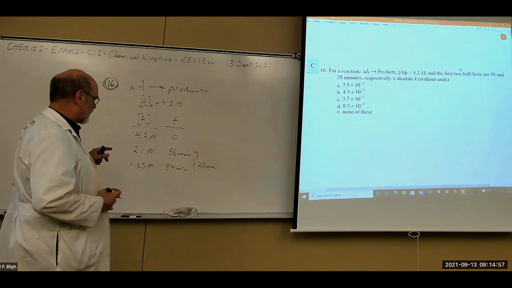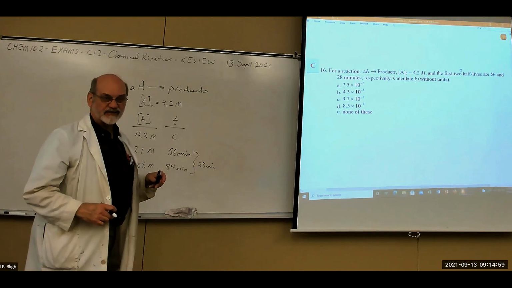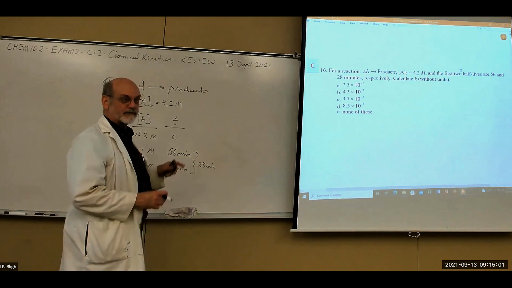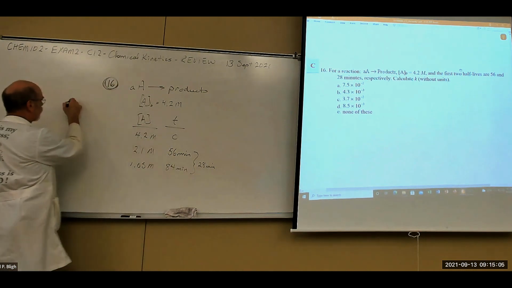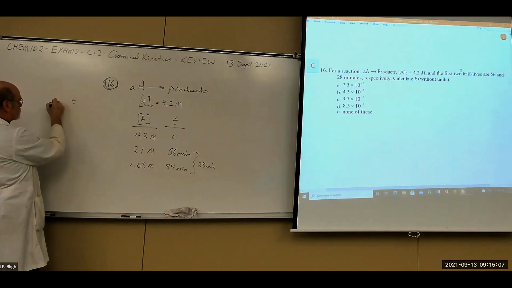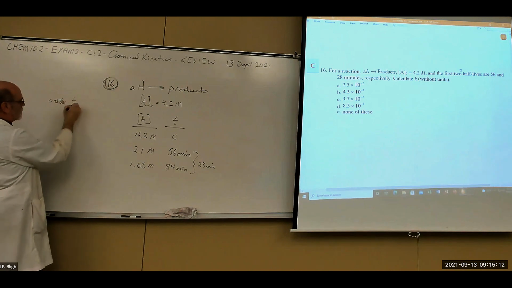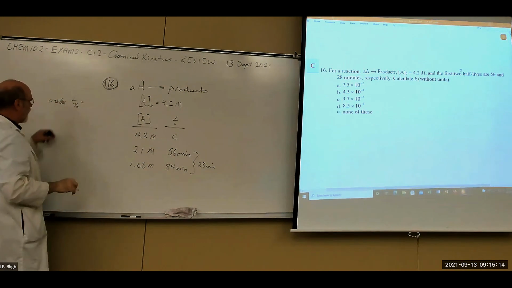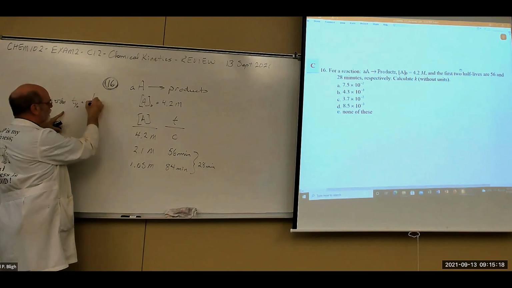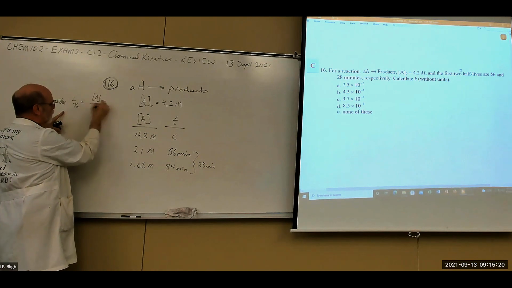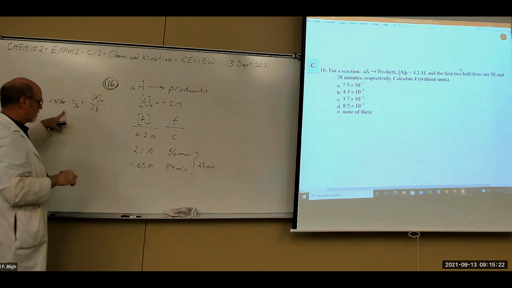Here's the approach I would take. Process of elimination. Half-lives. What's the half-life for zero order? The half-life for zero order is A0 over 2K, correct?